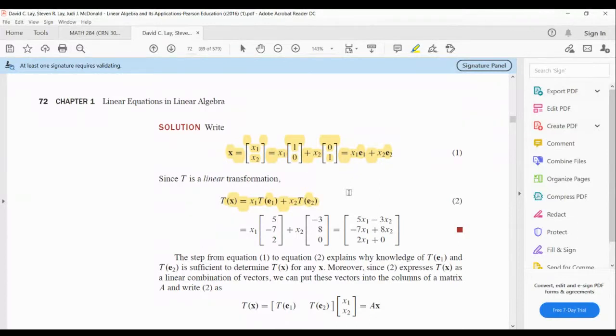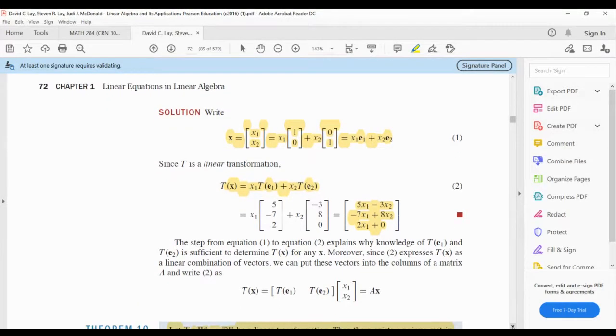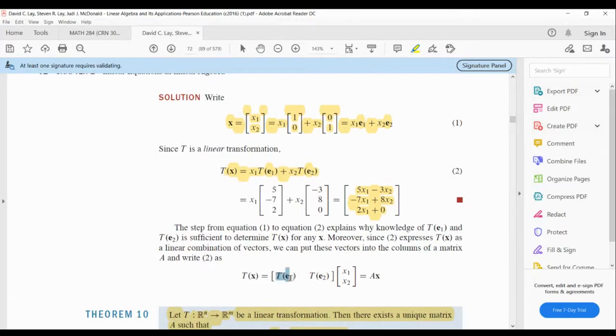That's by the properties of a linear transformation. Well, that turns out to be this vector here. And you'll notice that the matrix that forms that vector consists of the column vectors T of E1 and T of E2.